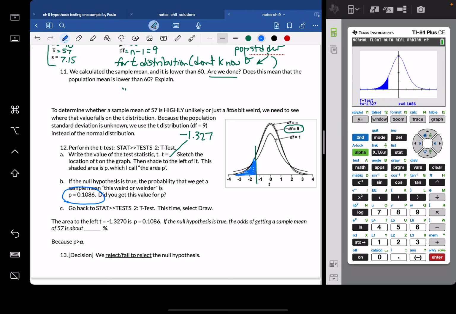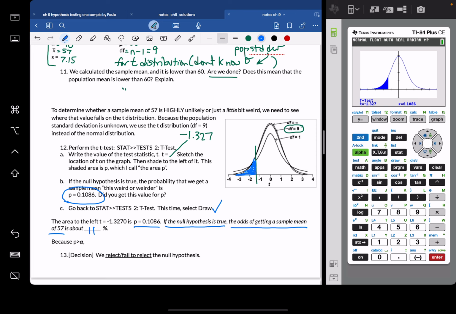Oh, we already did the drawing thing, so we're all set with that. So the area to the left of t equals negative 1.3270 is this area. So if the null hypothesis is true, the odds of getting a sample mean of 57 is about 11%.